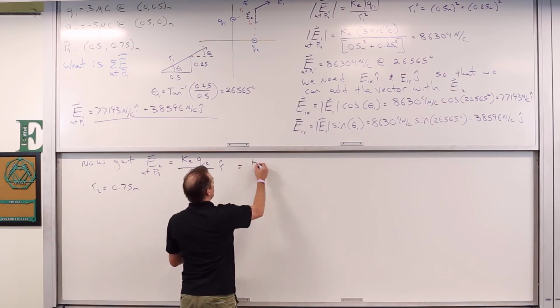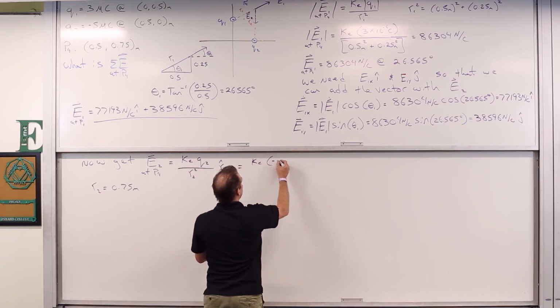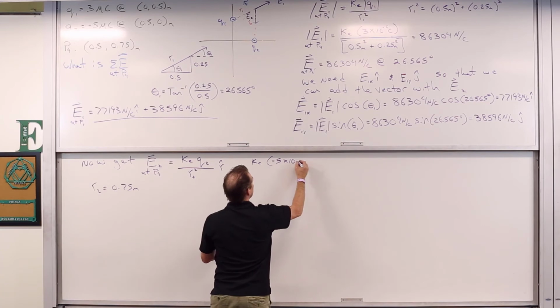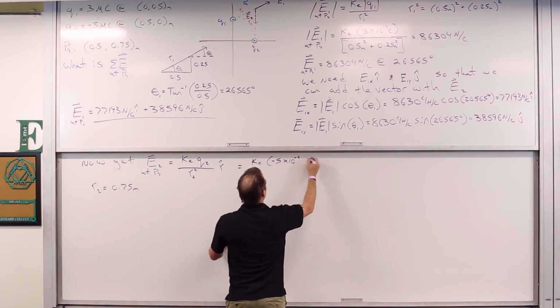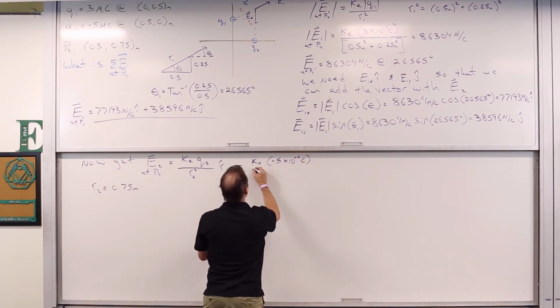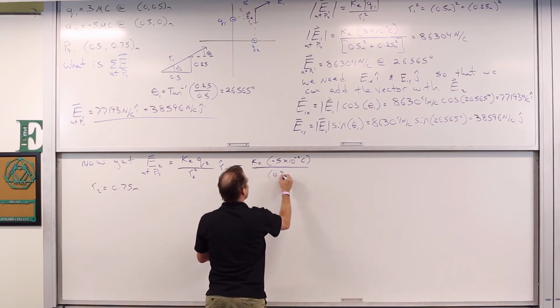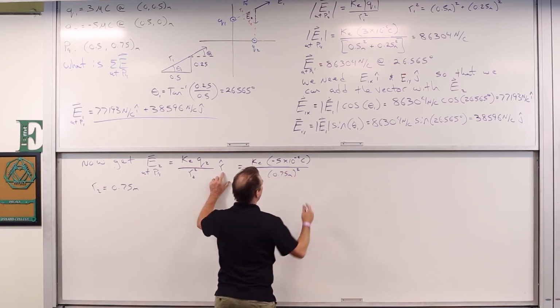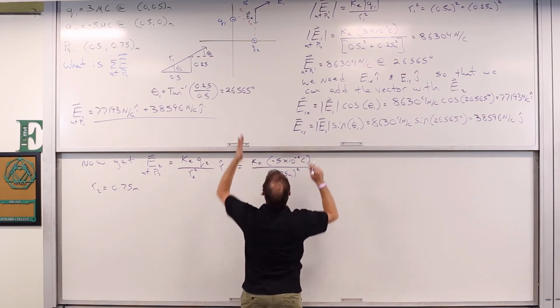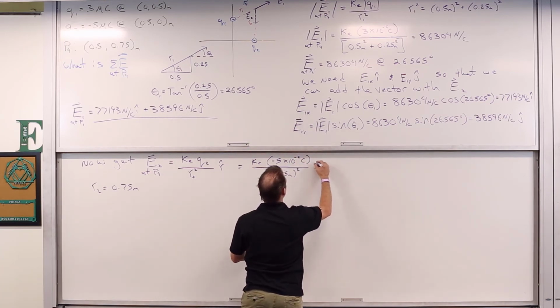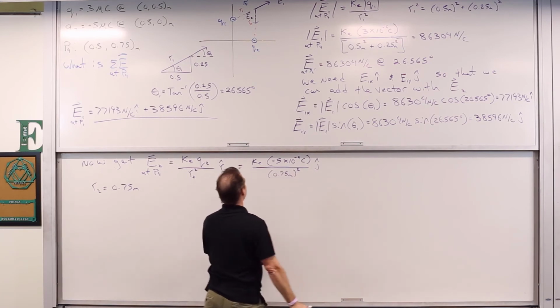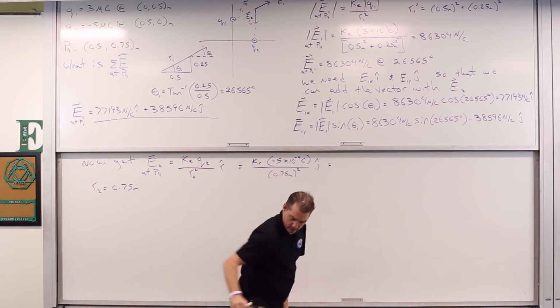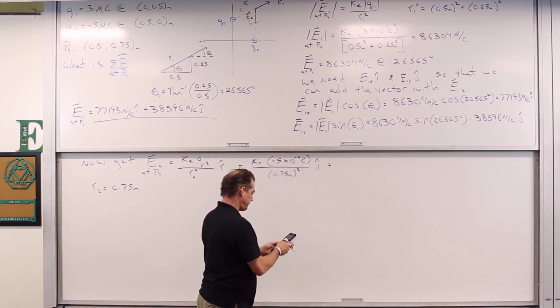So this is going to be equal to K sub E multiplied by negative 5 times 10 to the negative 6 coulombs divided by 0.75 meters, quantity squared. We've got R hat relative to Q, and point P would be J hat, and we've got a negative J hat there. And we quantify this out.